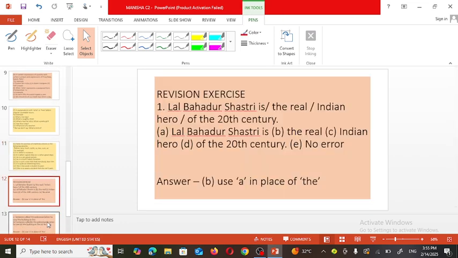Now use this knowledge in the sentence. Actually, we require this kind of knowledge to identify errors and even while filling in the blanks, when we need to complete a paragraph or passage with the given options. Now we will see an example. Lal Bahadur Shastri is the real Indian hero of 20th century.